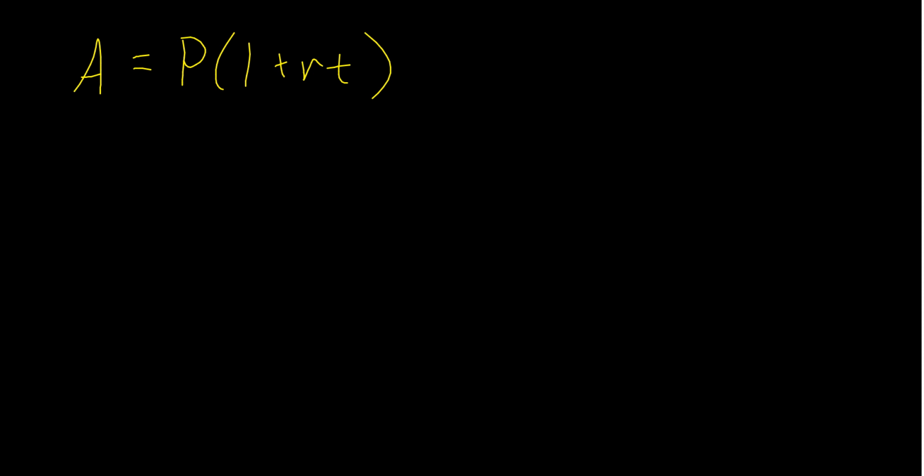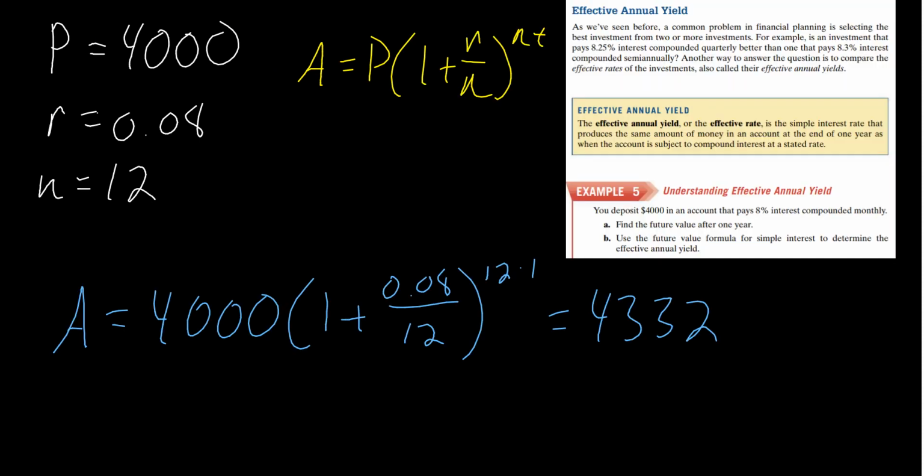This problem, to me, is worded just a little weird, but I'm just trying to figure out what the interest rate on a simple interest formula would be that would match these parameters.